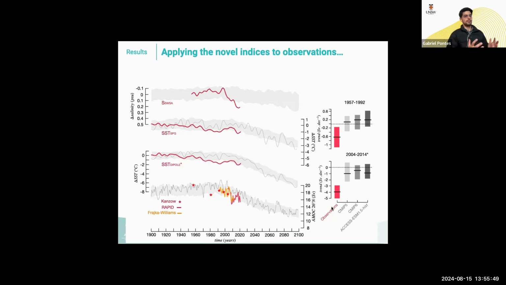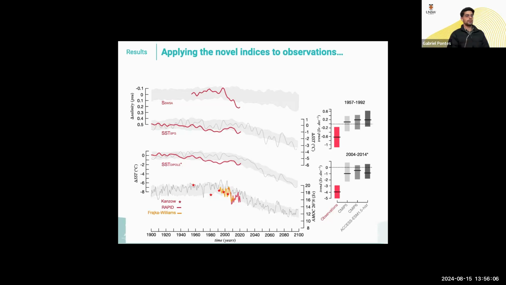So basically, based on this, we hypothesized that this data-model disagreement could be related to the absence of freshwater forcing in those simulations.